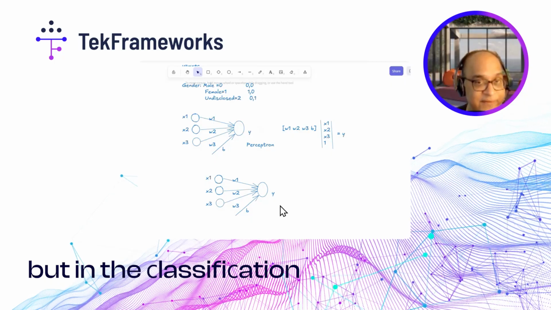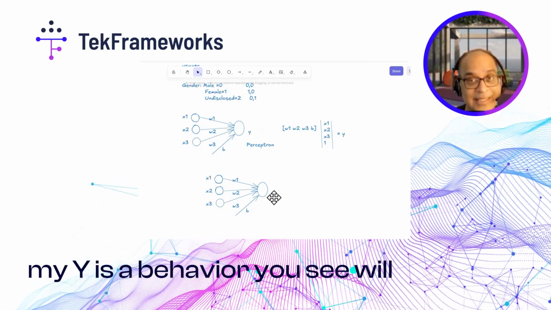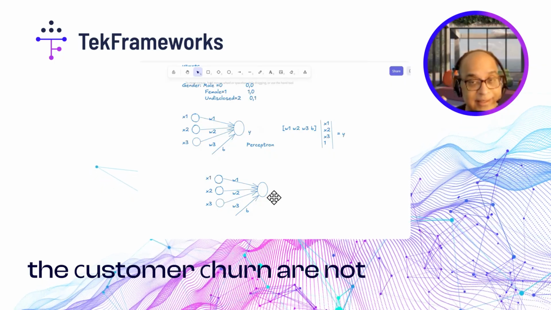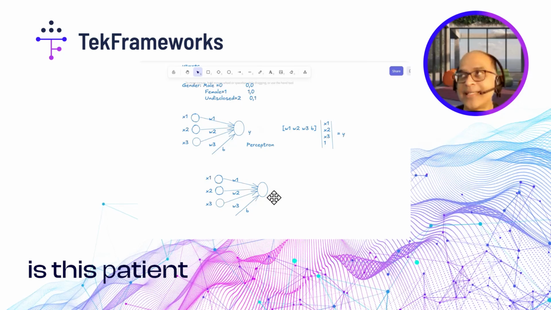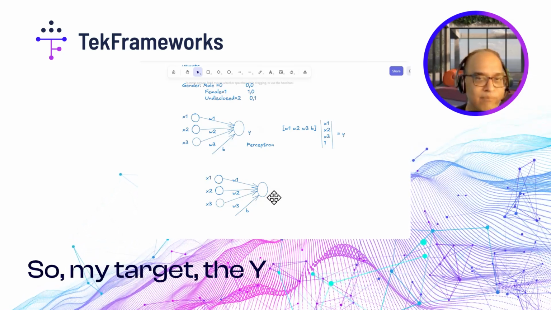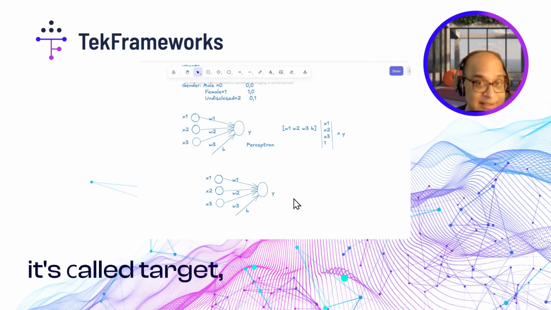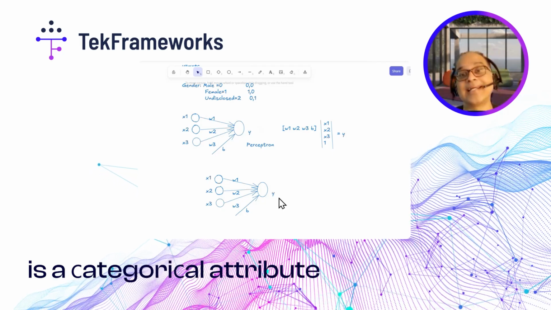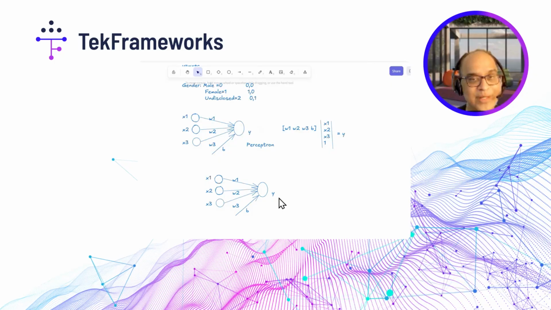But in classification, my y is a behavior. Will the customer churn or not? Is this patient having COVID or flu, or is he healthy? So my target, the y that I have to predict, is a categorical attribute in a classification. It can only take a few values.